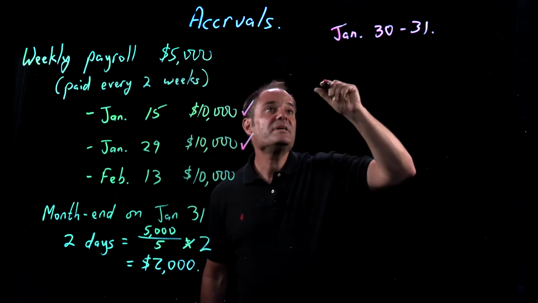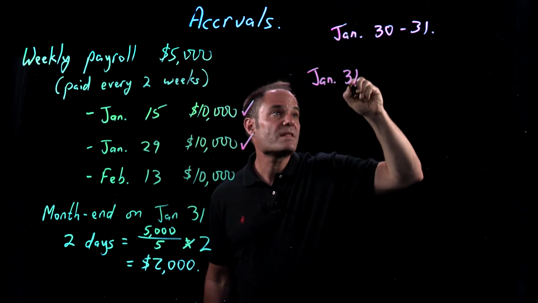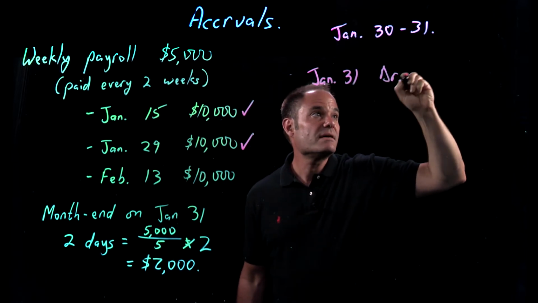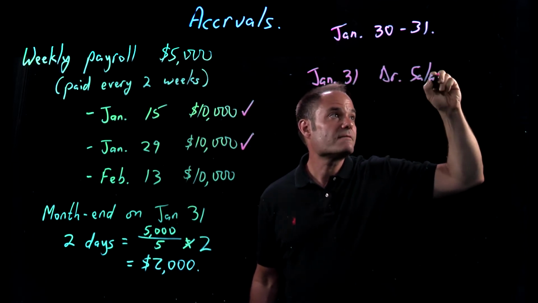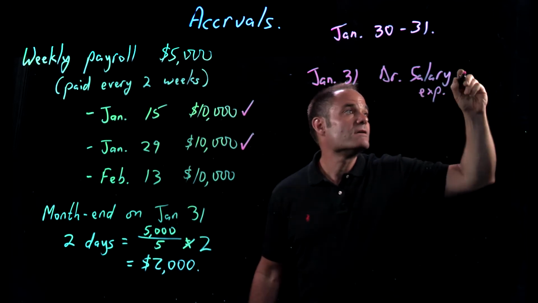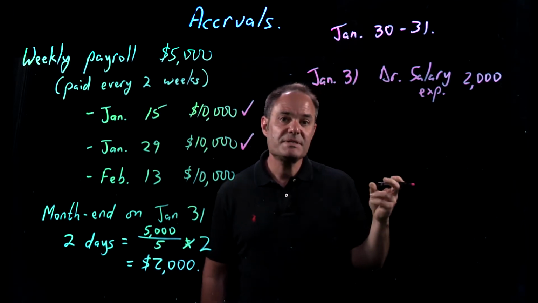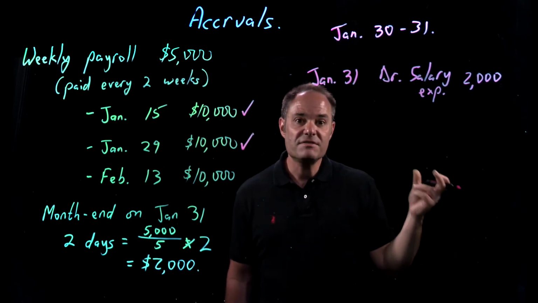And so what the company will do is on January 31st, it will debit salary expense for $2,000. And that will go on to the income statement as an expense in the month of January.